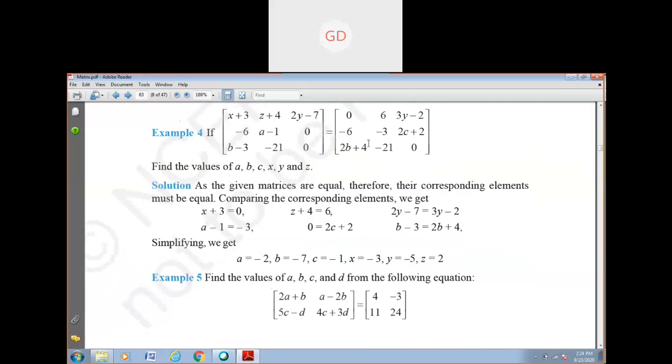On the right side, again it is a 3 by 3 matrix. Whether these two matrices are equal or not, we do not have any perception, because the elements are in terms of variables and constants.